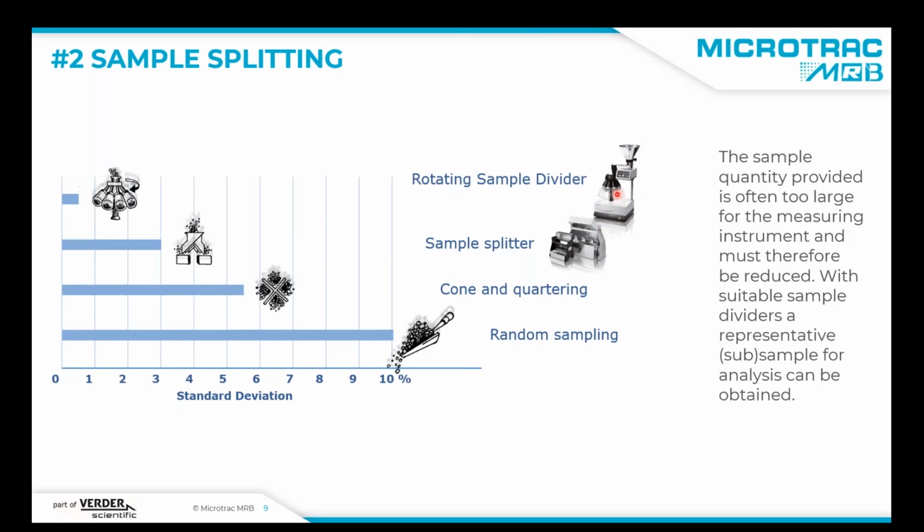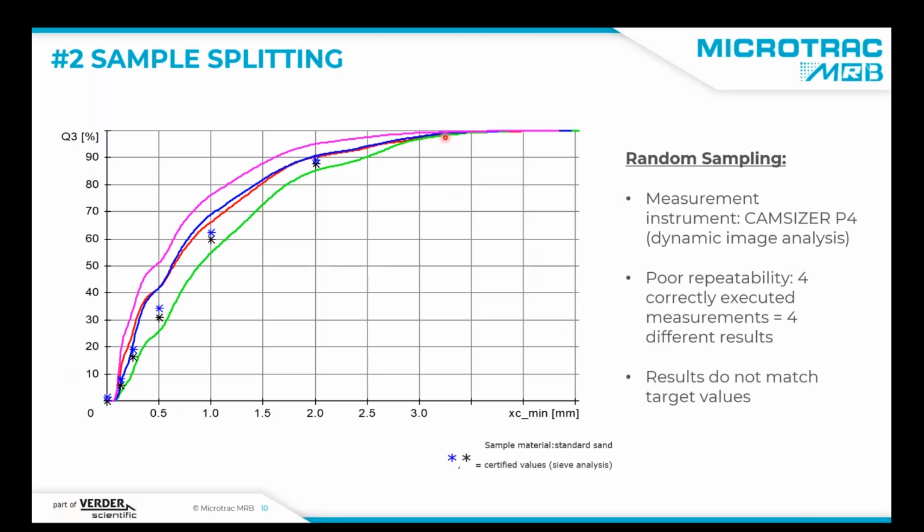To further illustrate this, I'm going to show you now some measurement results, some examples. Here you see different size distributions. What we have analyzed here is a standard sand or a reference sand. This sand has been analyzed many times by sieve and has been characterized very thoroughly.